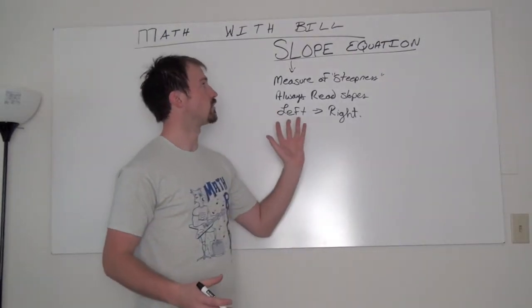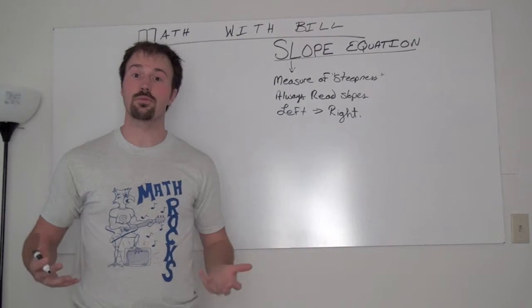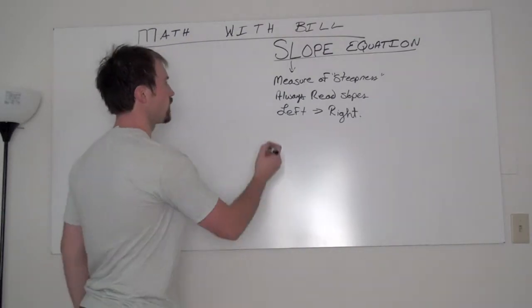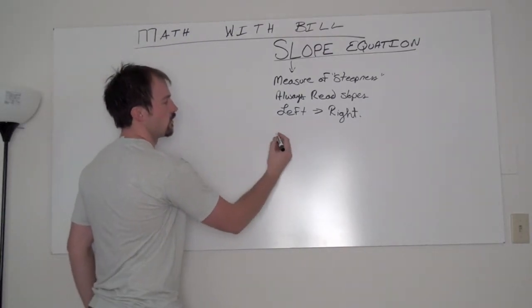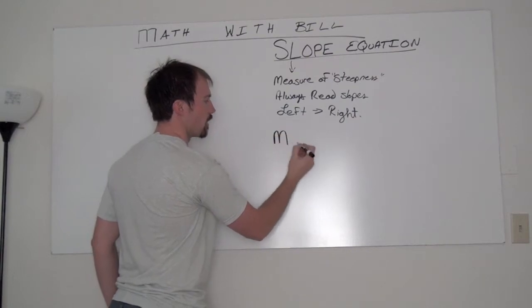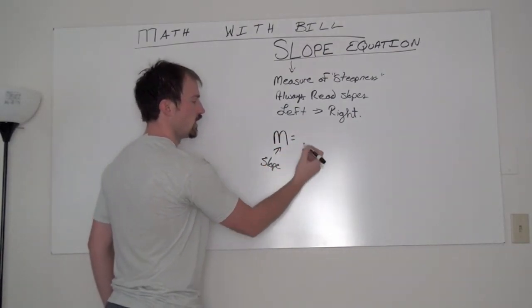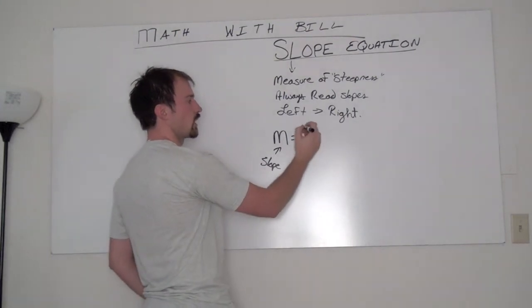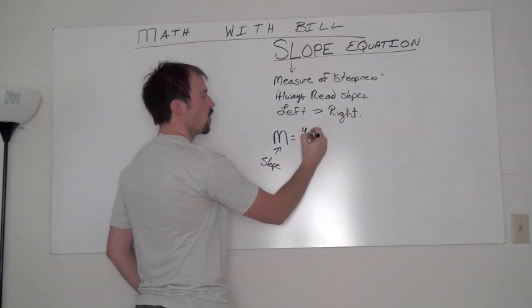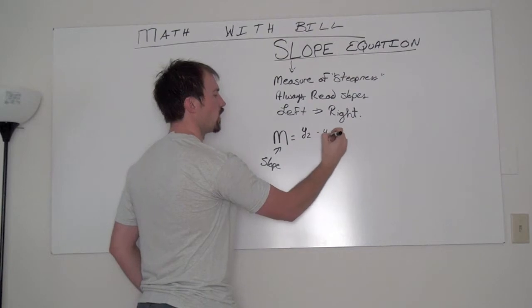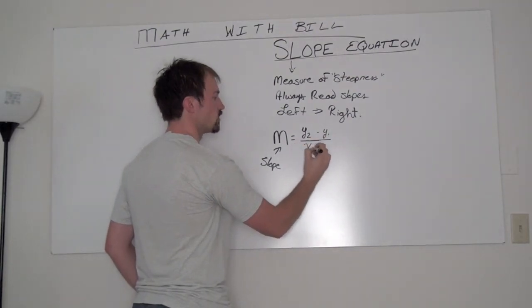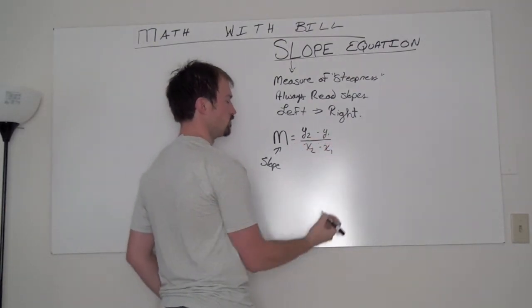So I'm going to tell a little bit of a story concerning the slope equation and how we find the slope. From the equation m, which stands for slope, is equal to y2 minus y1 divided by x2 minus x1.